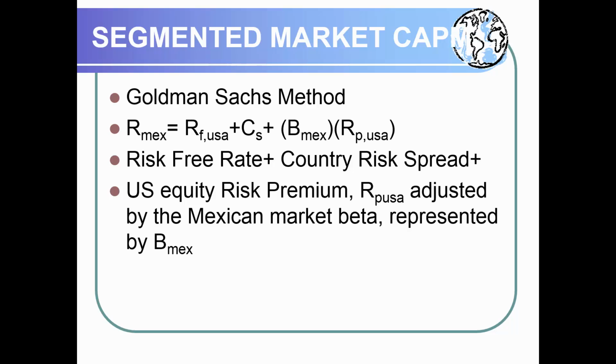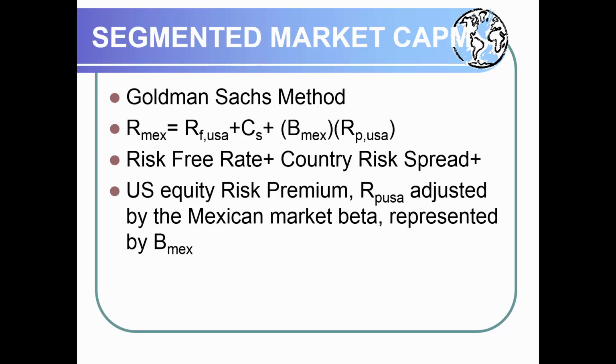Okay, so what is the Goldman Sachs method? Basically what they are doing here is using a country spread. And what is the country spread? The country spread is the difference between the US risk-free rate and the risk-free rate in the foreign country. So let's say that we are going to Mexico.